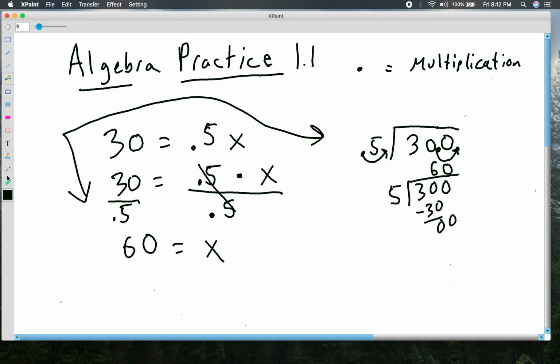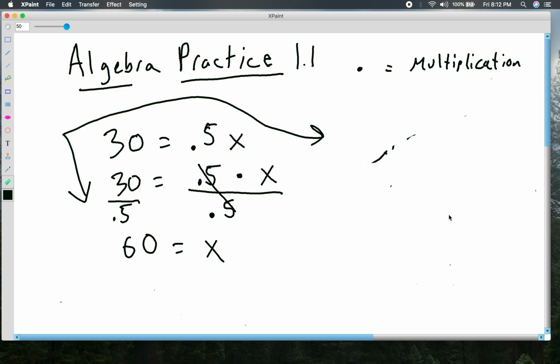Well, don't take my word for it, though. Let's check our work by plugging into our equation here. So 30 equals 0.5 times 60.